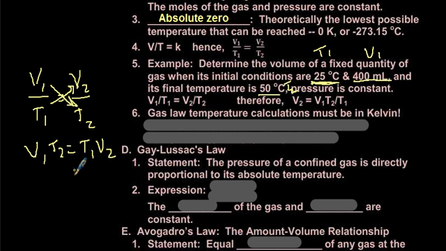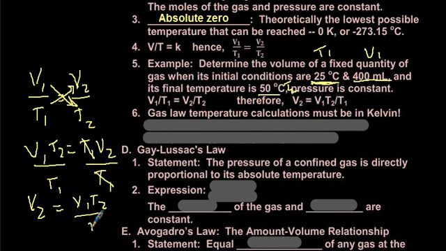The order doesn't matter, it's just multiplication. To solve for one of them, in this case V2, we will divide by T1, and those cancel, leaving us with V2 equals V1 T2 over T1. That's how cross multiplication works.